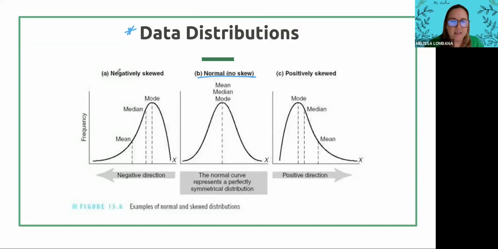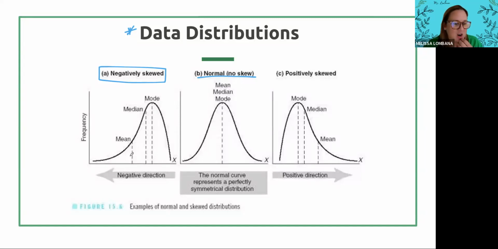Then the next one I want you to draw is the negatively skewed graph. So this is basically where it's going to start from here, right? And then it's going to go up. When it looks like this, that means that the mean is here, right? And then your median is closer to the mode, all right?